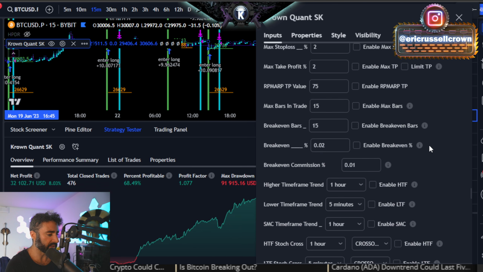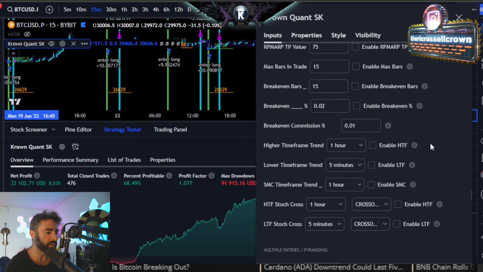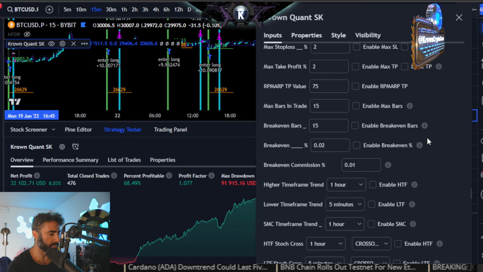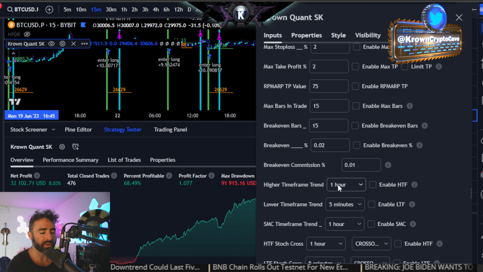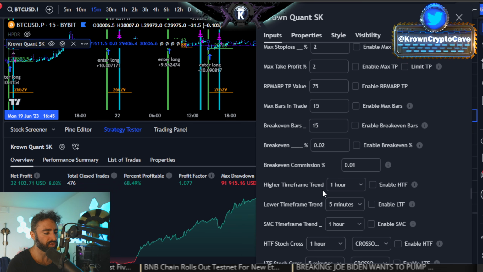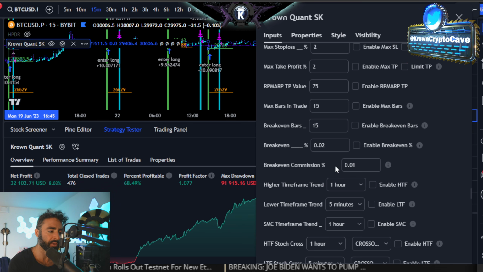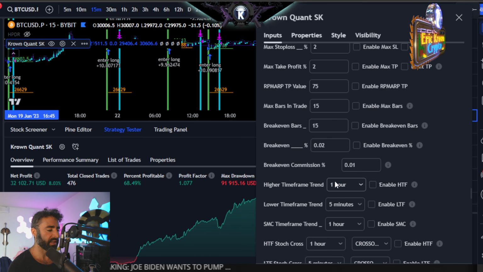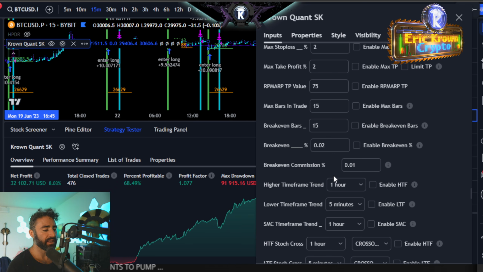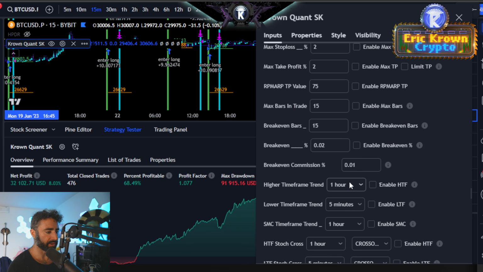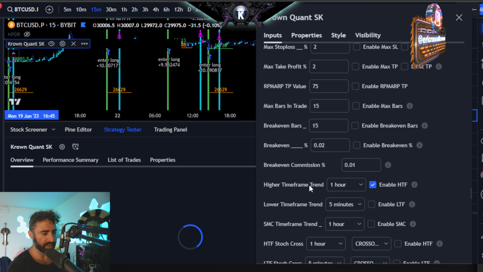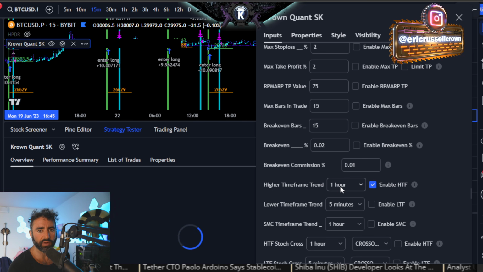So to do something like that, my usual point of attack is to employ some sort of what I call a trend filter. It will not initiate a trade if the trend is generally against it. So what we can do in this case is enable a higher time frame trend so that it must trade with the 1 hour trend.